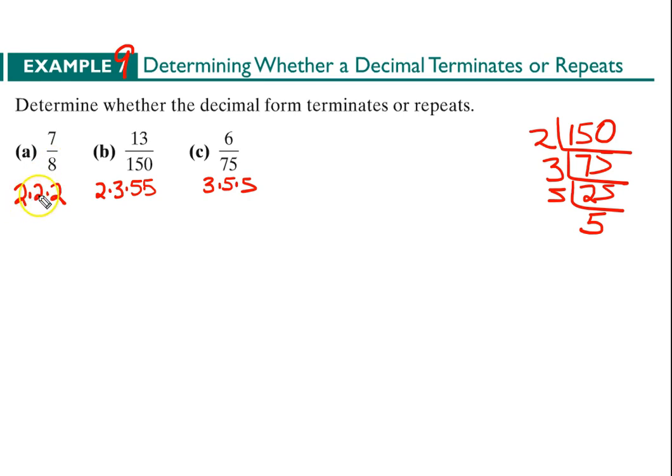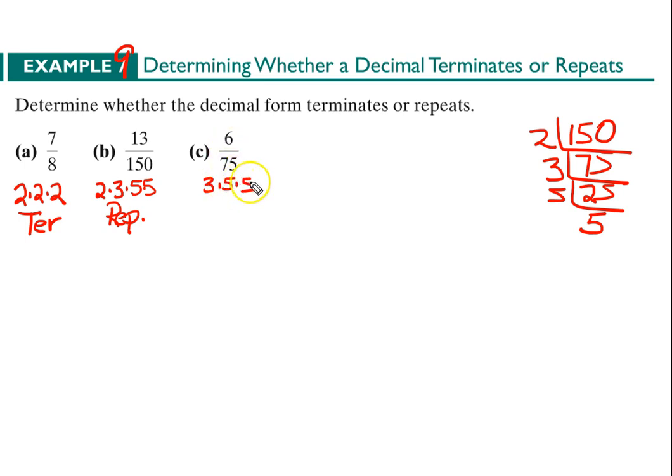So 8 is 2 times 2 times 2, only 2's, so this will be a terminating decimal. Now as we look at B, and I took the 150 and found its prime, I have a 2, a 3, a 5, and a 5. Now the 2 and the 5's would be good, but there's also a 3 there. So this is going to be repeating.